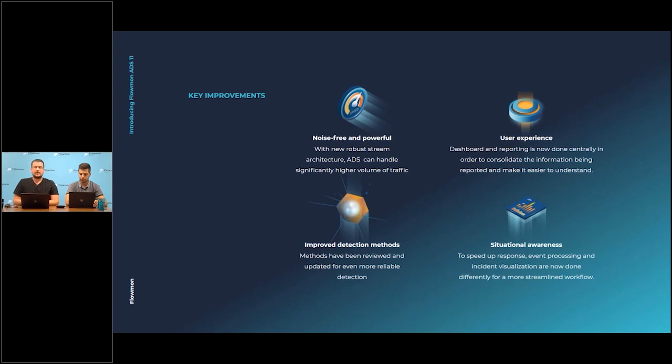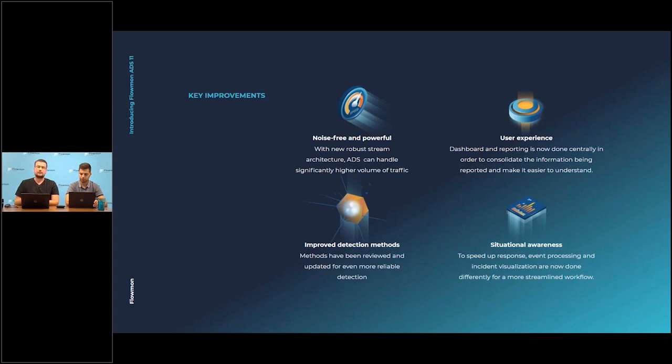Another thing we are continuously focusing on is improving detection methods. Almost every detection method had to be rewritten for the new stream architecture. While doing this, we improved the detections, and some examples are the web share or TeamViewer detection methods, which are significantly improved compared to the previous version.